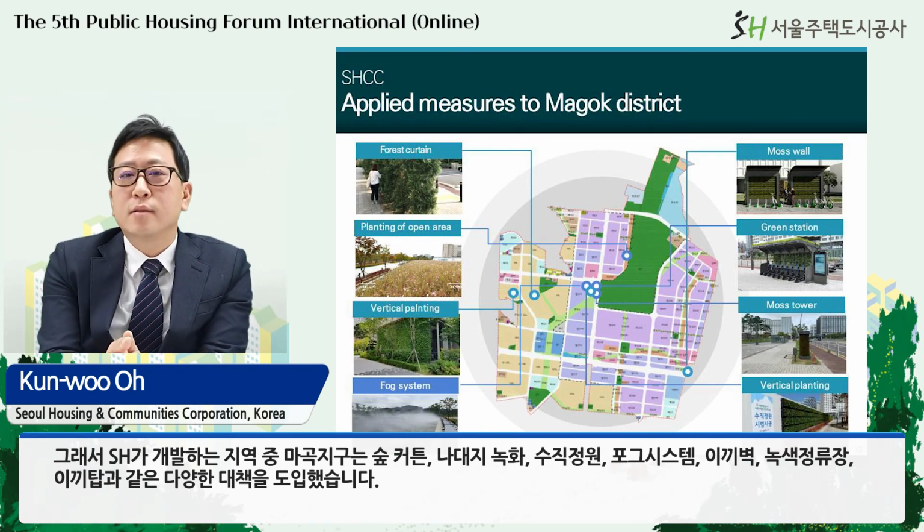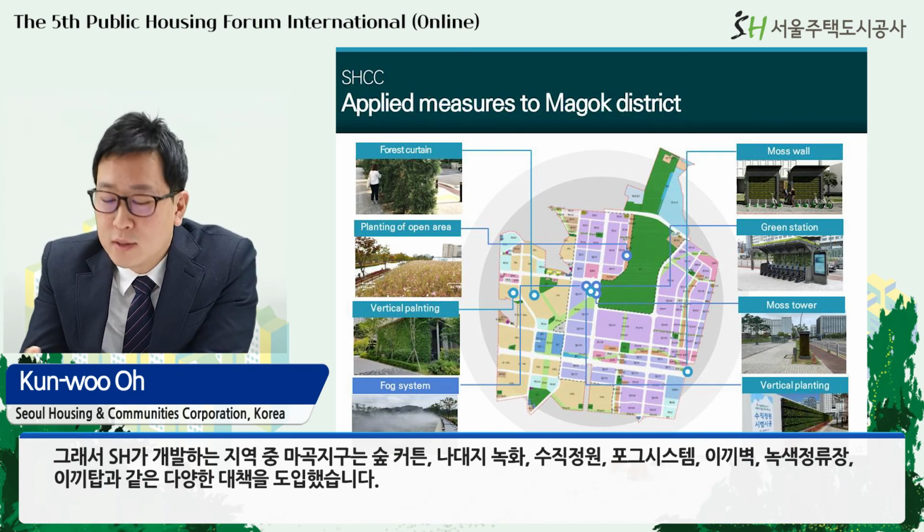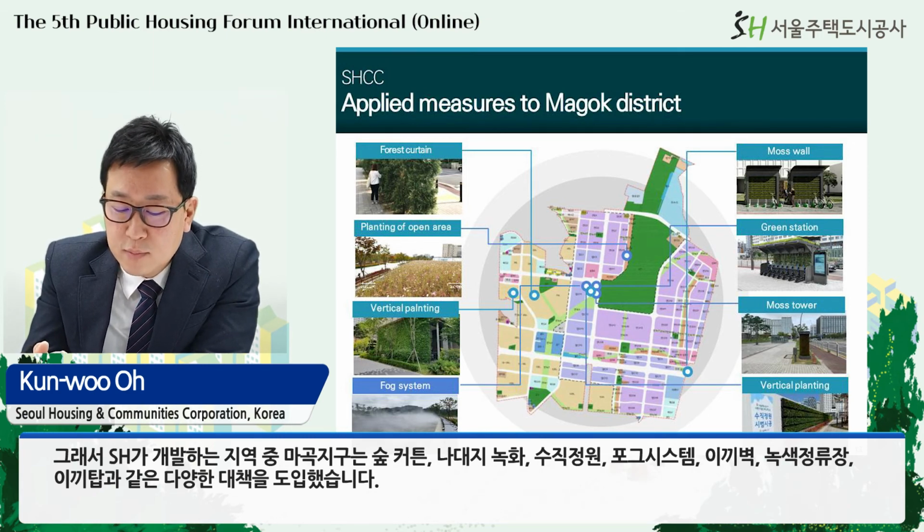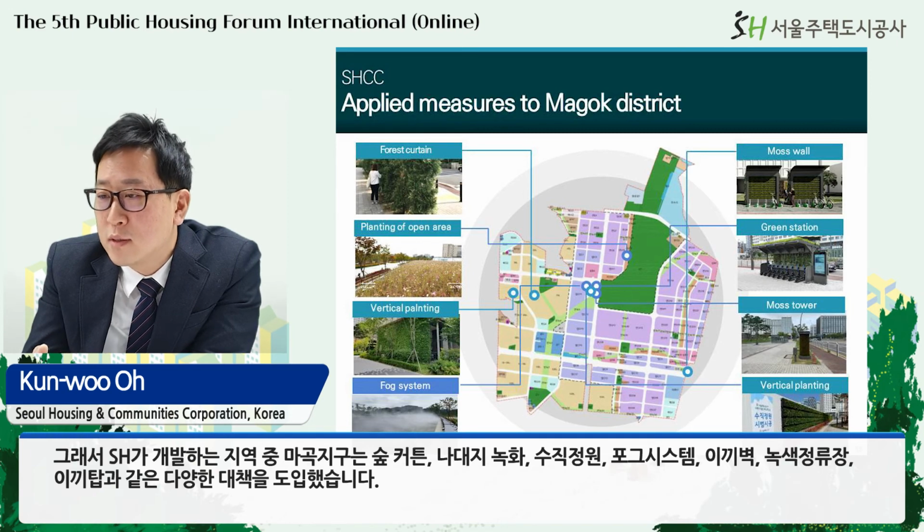Among SHCC's developing districts, the Maguk district introduced various measures as follows: forest curtain, planting of open area, vertical planting, fog system, moss walls, green station, moss tower.